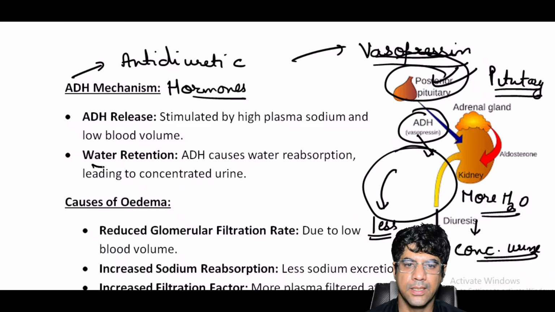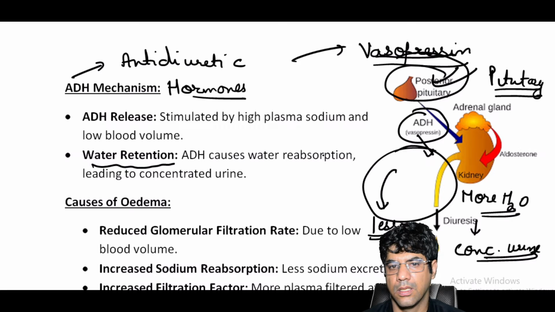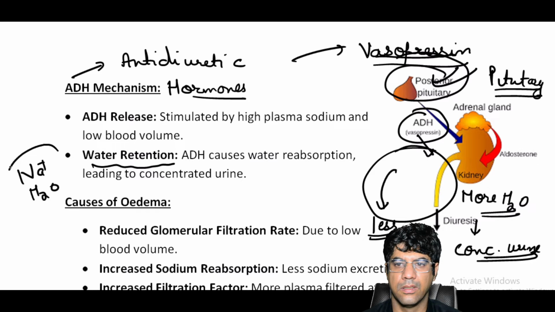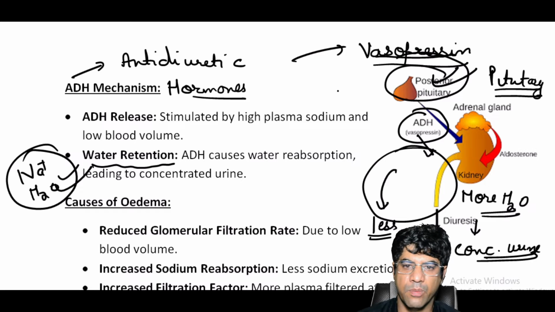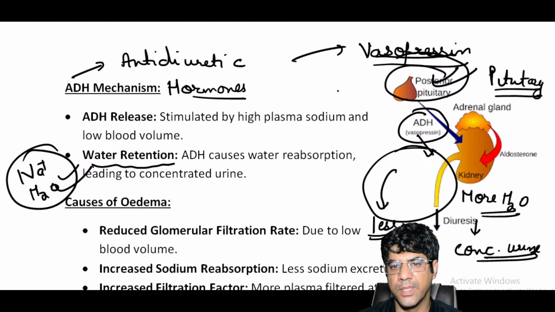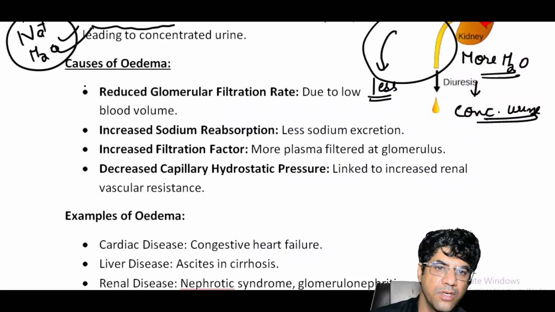So water retention, these factors can lead to edema by retention of sodium and water. When the blood volume is low, the kidney filters less blood, leading to less urine formation and more fluid retention.